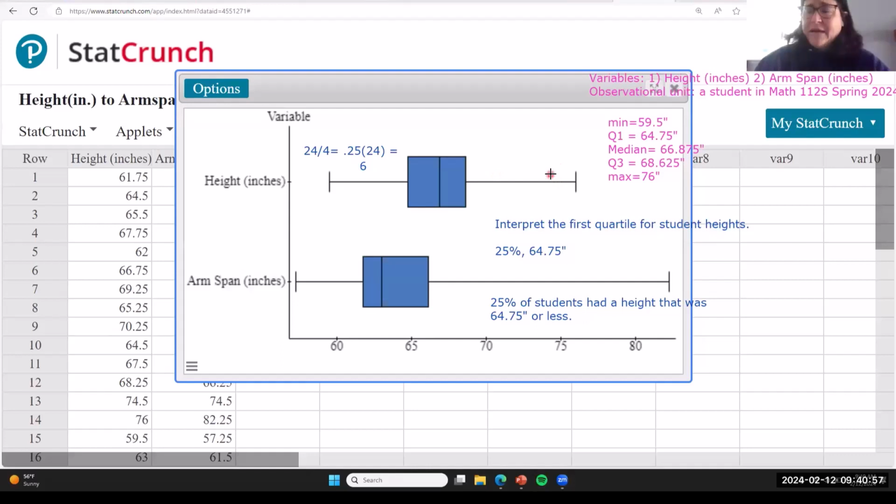You just divide by 4, like Lizette said, or you can take 25% of 24, because 25% of students had a height that was this value or less.